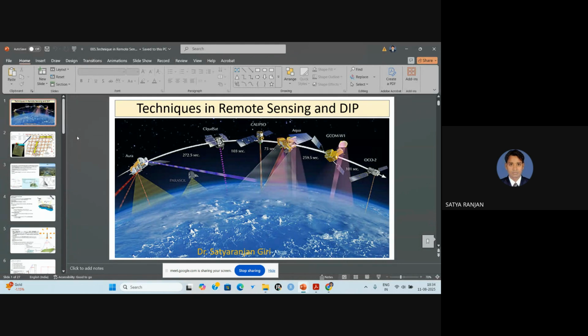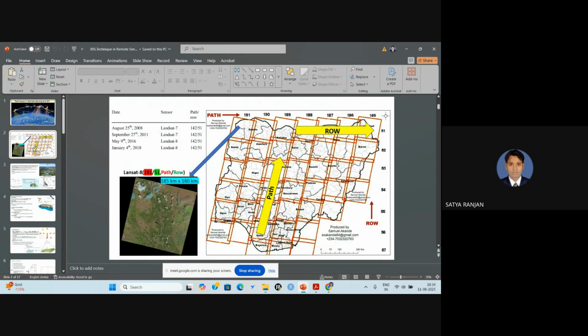So in the previous class, different techniques in remote sensing were covered: what aerial photography is, what thermal remote sensing is, what optical remote sensing is, and hyperspectral. Generally, the satellite moves in different paths and rows.